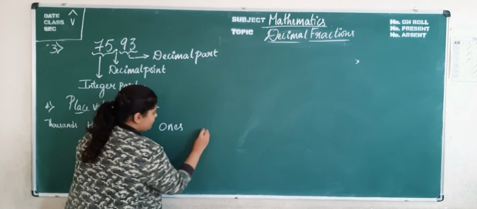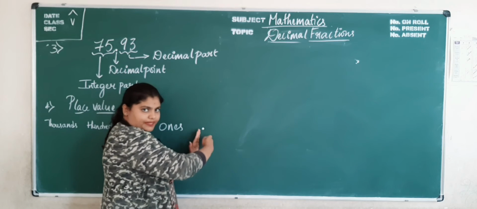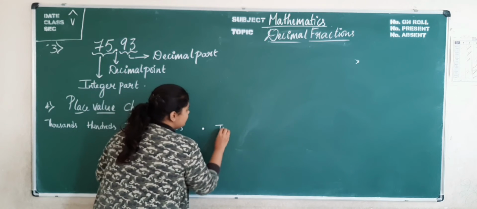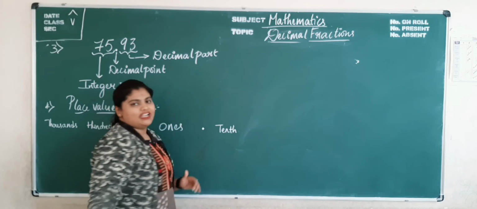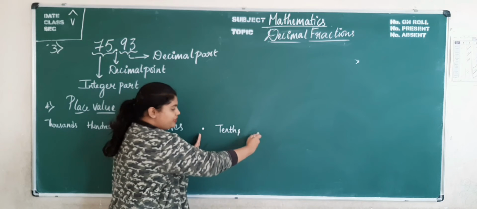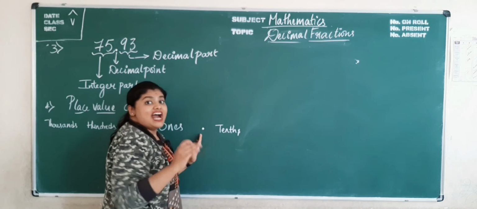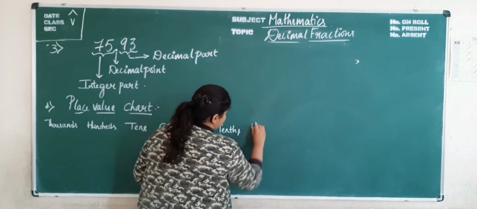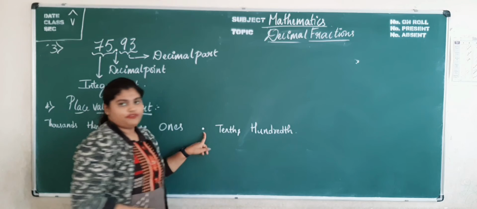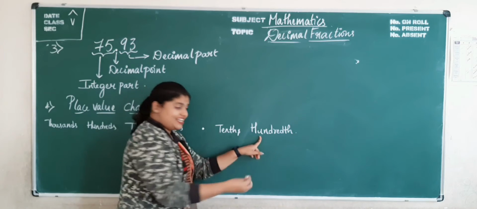Now, if I write one decimal point here, the place after the decimal point towards the right is called tenths. Next, two places after the decimal point is called hundredths.